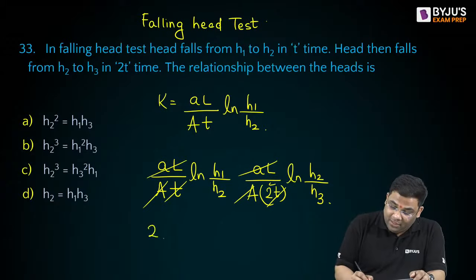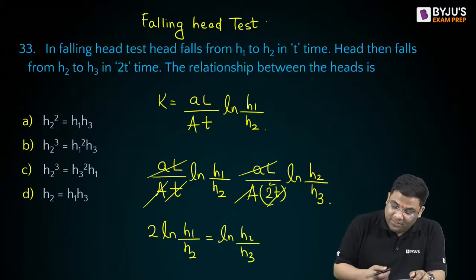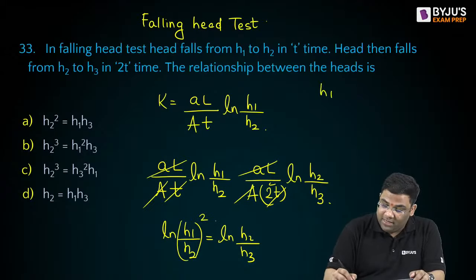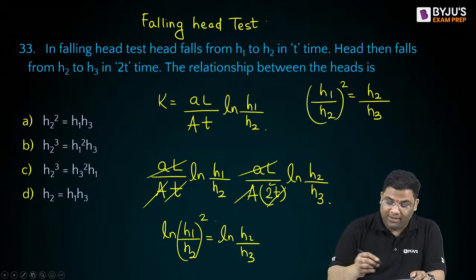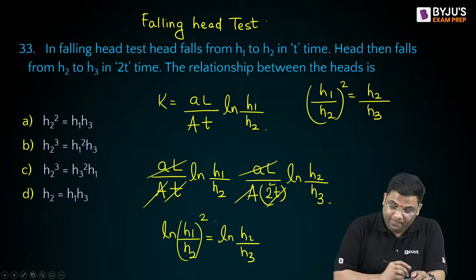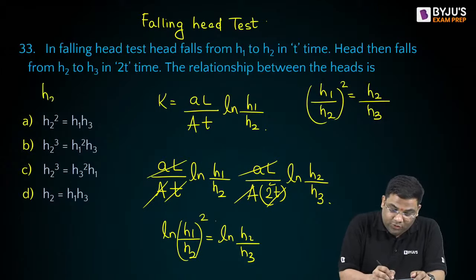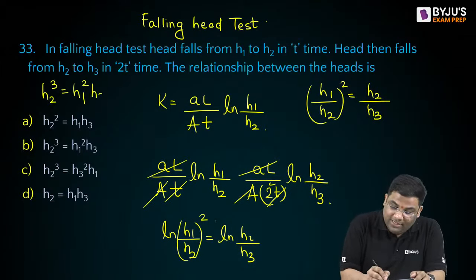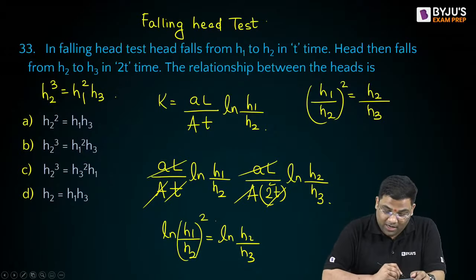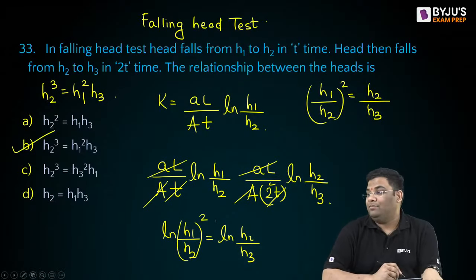So 2 ln H1 by H2 is equal to ln H2 by H3. So this becomes a square: H1 by H2 squared is equal to H2 by H3. From here I get H2 cube is equal to H1 square into H3. So the answer is B.